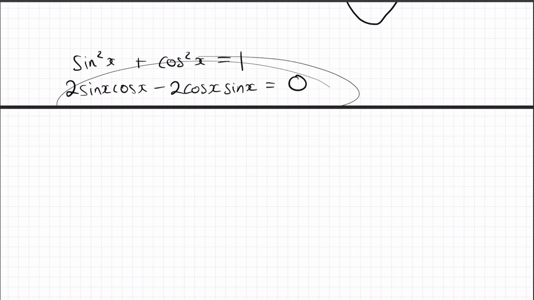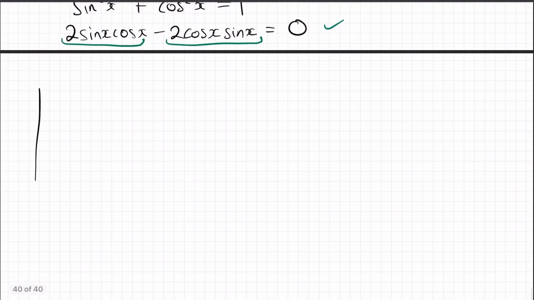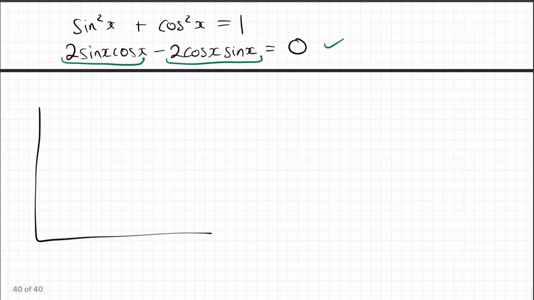And you can see this is a true statement because these two are equal, so when we subtract them we do get 0. And the reason for that is because the graph of this is identical to 1. So you can see this is what the graph of sine squared plus cosine squared looks like.